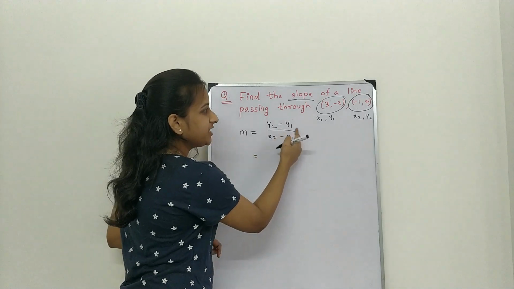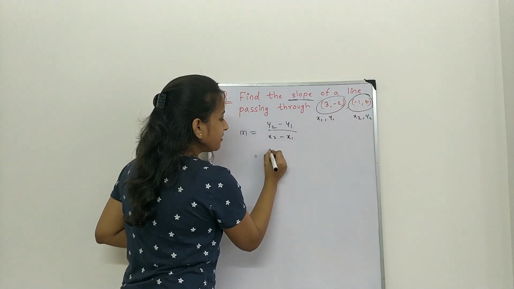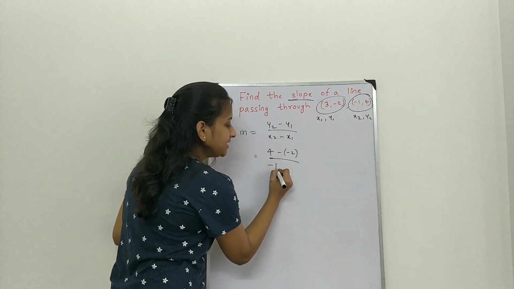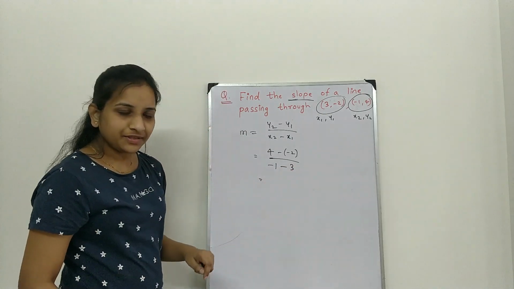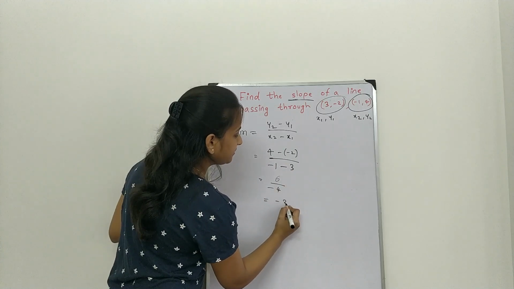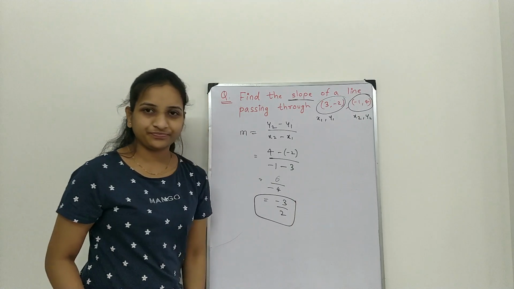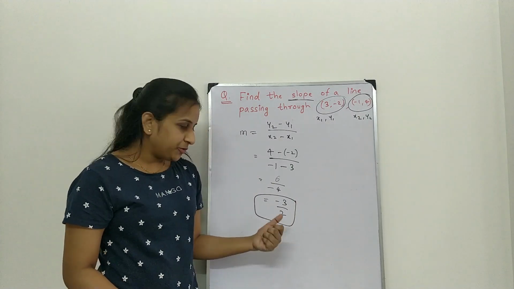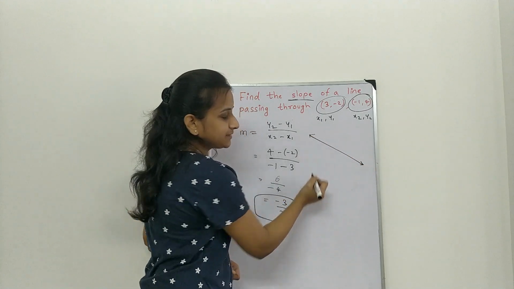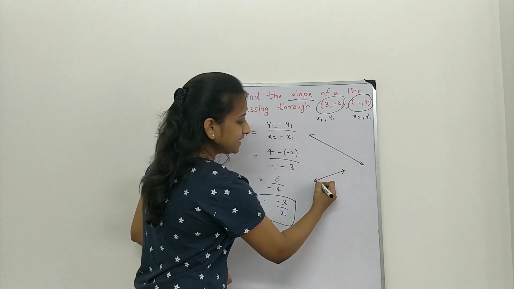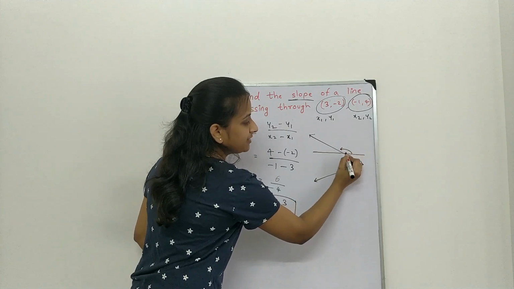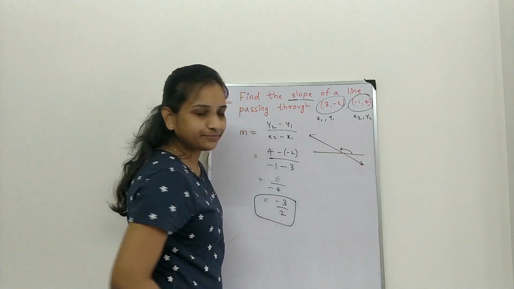So y2 minus y1 is 4 minus 2, divided by x2 minus x1, which is minus 1 minus 3. So this is 6 divided by minus 4, which is nothing but minus 3 by 2. That is the slope. Negative slope means the nature of the line is something like this, not like this. It is making an obtuse angle with the positive x-axis.